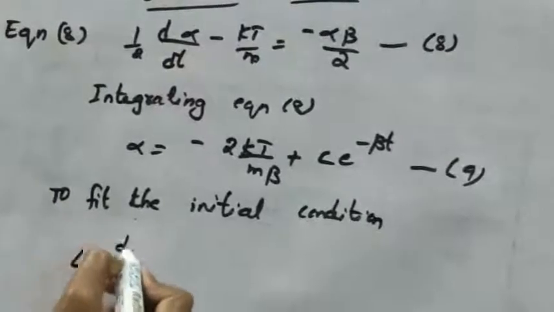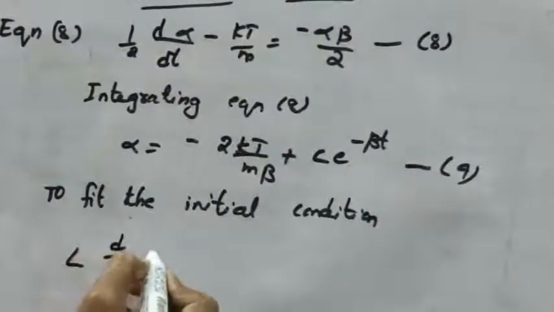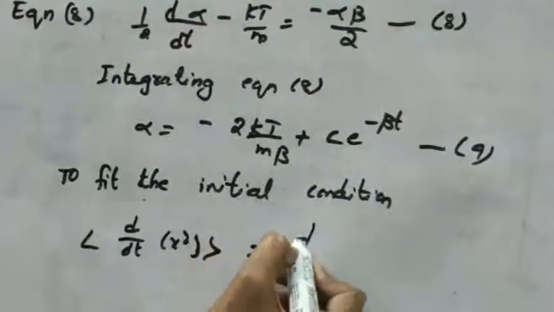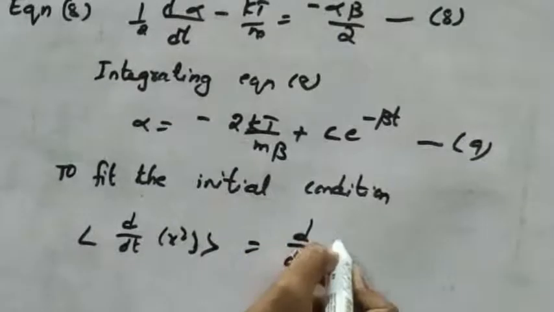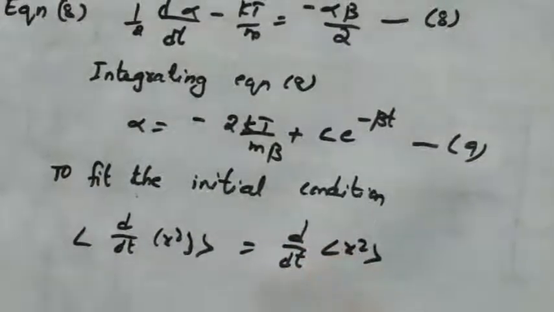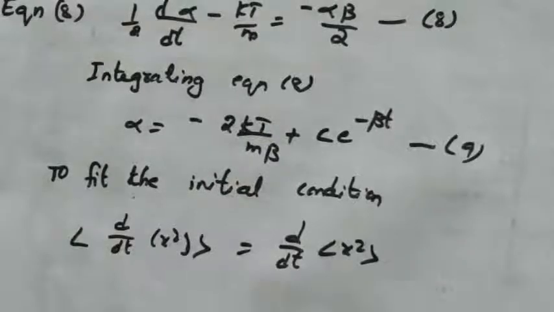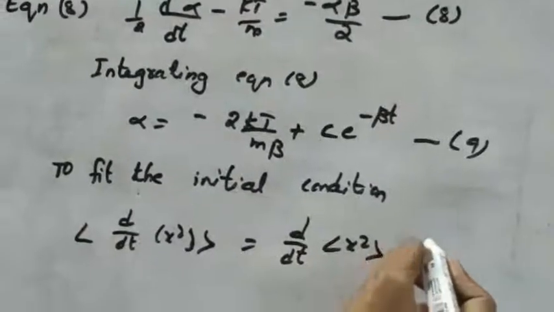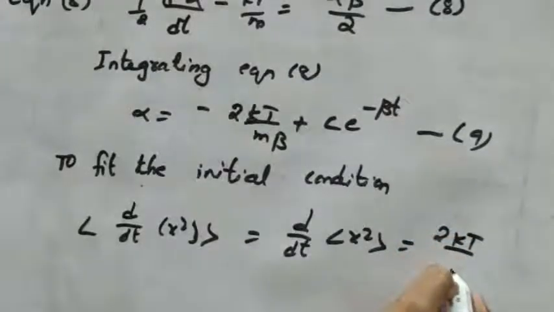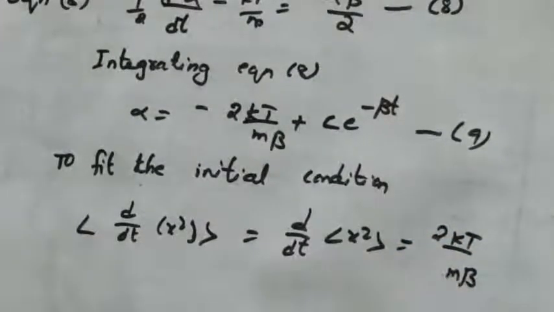observable d by dt x square is equal to d by dt observable x square, that is equal to 2kt by m beta.